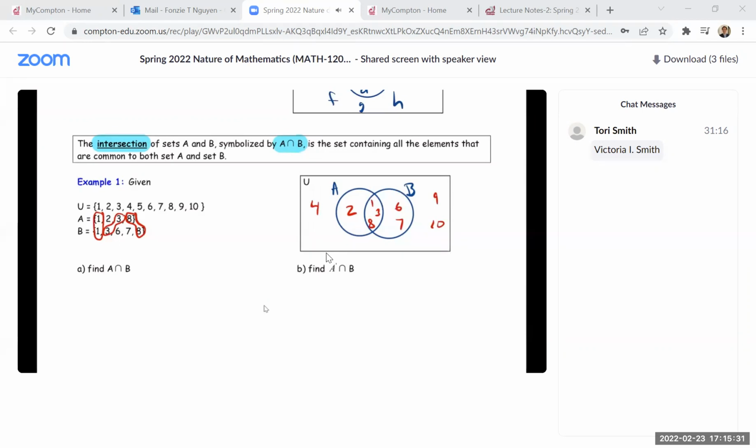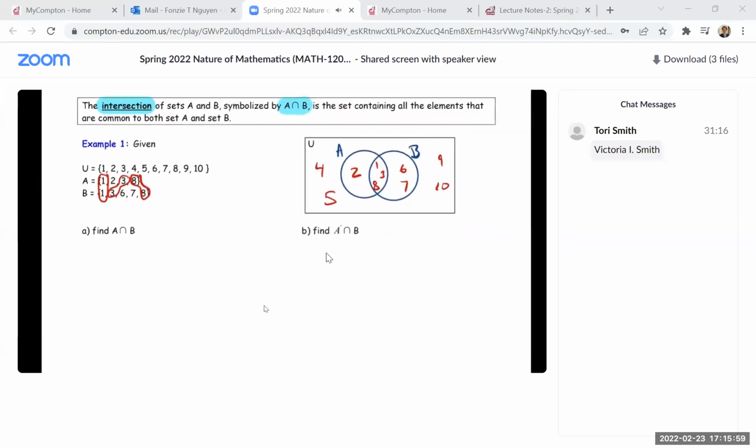Oh, 5. Yeah, 5. So now we got them all. 1, 2, 3, 4, 5, 6, 7, 8, 9, 10. All right, so that's the first part.